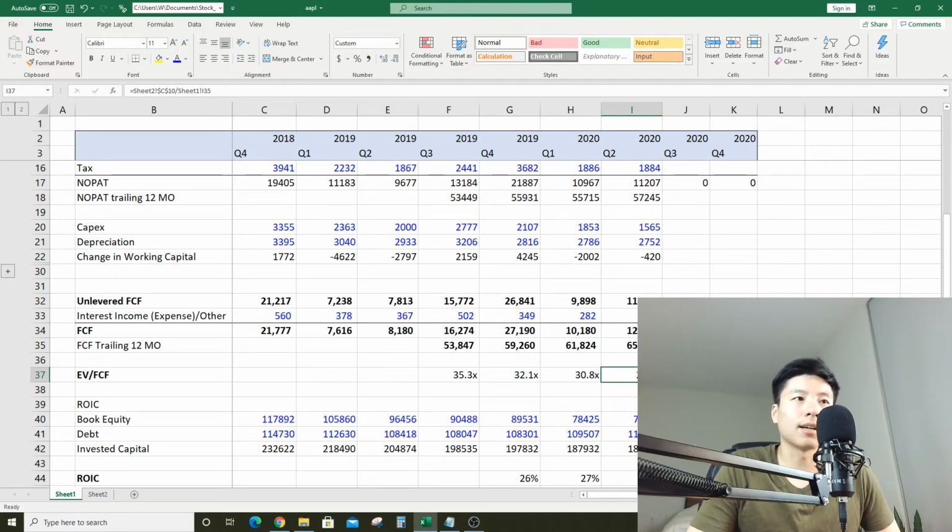So later on, I might look at Google or Microsoft or Amazon, and then we can compare the multiples and see, are these reasonable, or are they very expensive or cheap? For example, if Amazon, Google, and Facebook have 50-times multiples, then maybe Apple is cheap in comparison, right? So it's all relative.